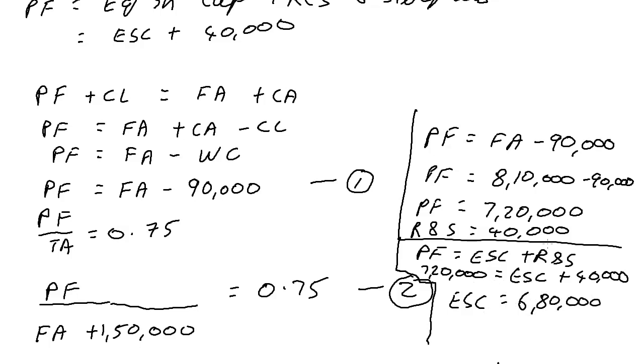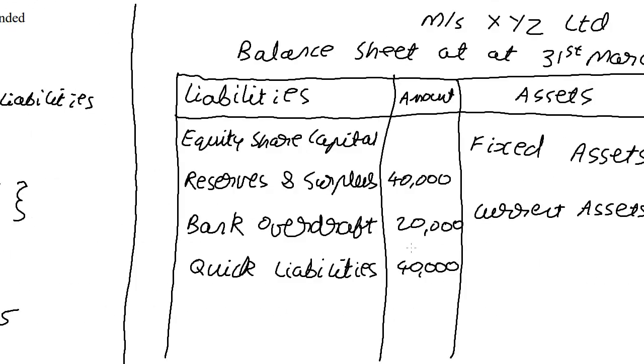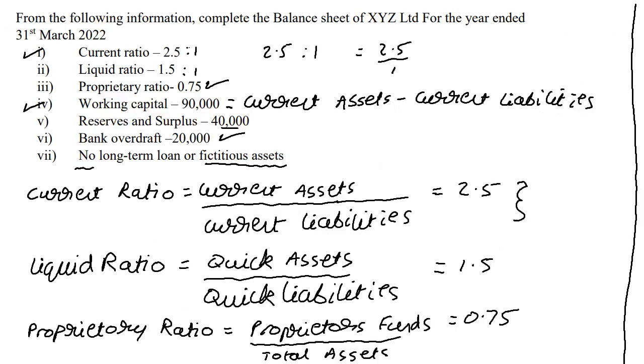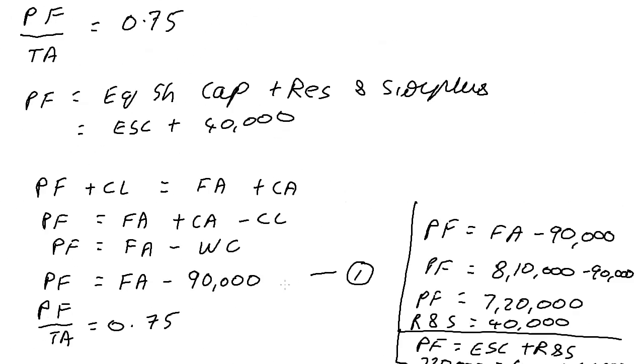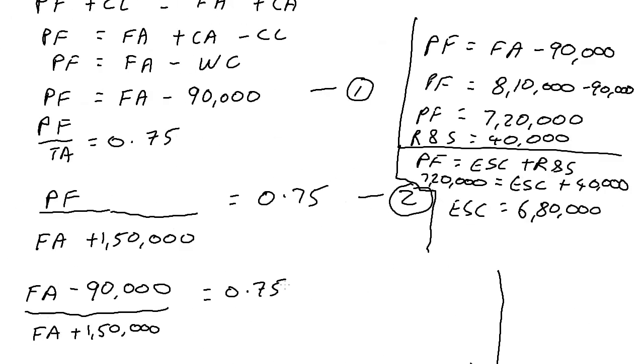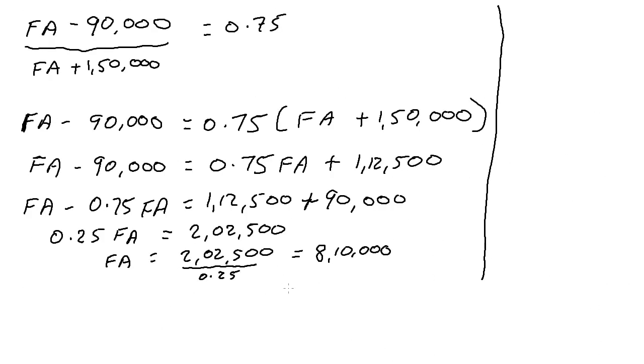So 6,80,000 is going to be our value for equity share capital. And we got a value of 8,10,000 as our fixed assets.